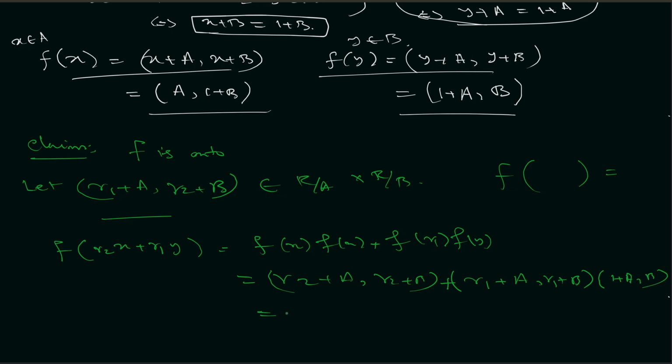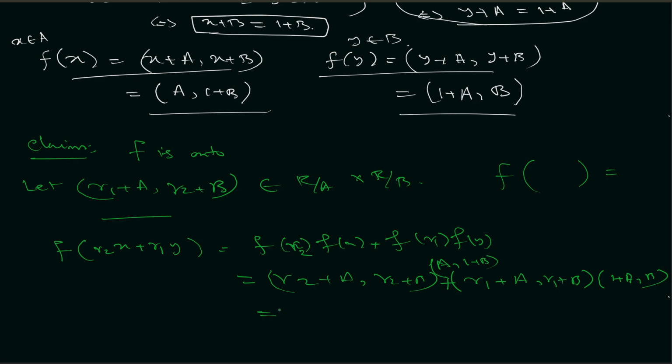Okay, there is a mistake here, so I have not multiplied here. So this is f of r2, here r2, and f of x. What is f of x? f of x is (a, 1 + b), and plus something.